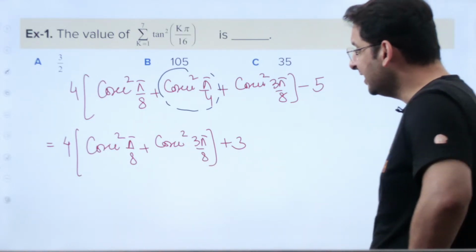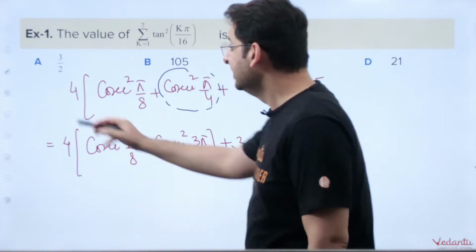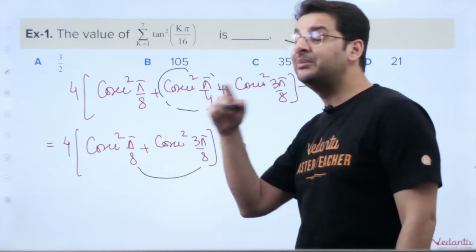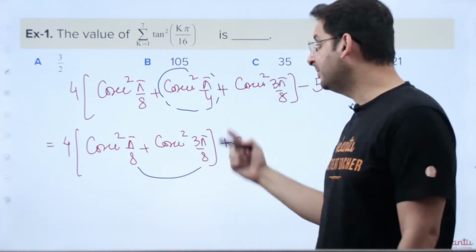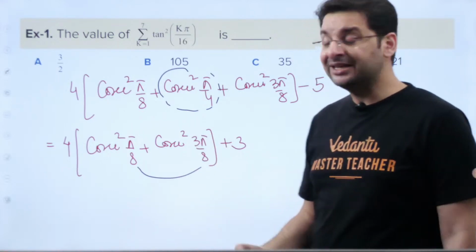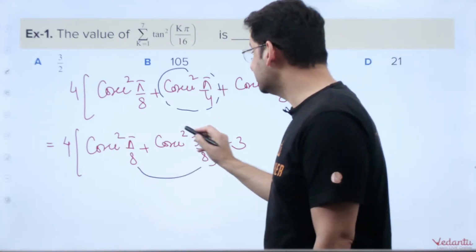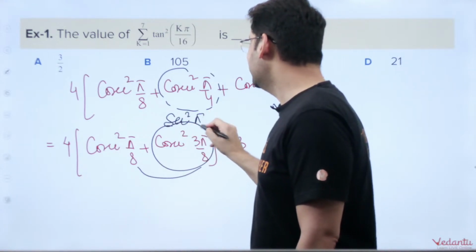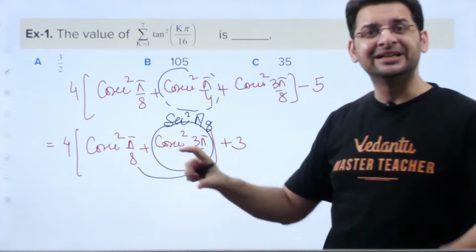Now again, one observation I can make is these two are again complementary angles. Can you see that? 3 pi by 8 plus pi by 8 is 4 pi by 8, that is pi by 2. So these are again complementary angles. So cosec square 3 pi by 8 is going to be secant square pi by 8. It is always better if we can have a single kind of angle everywhere.